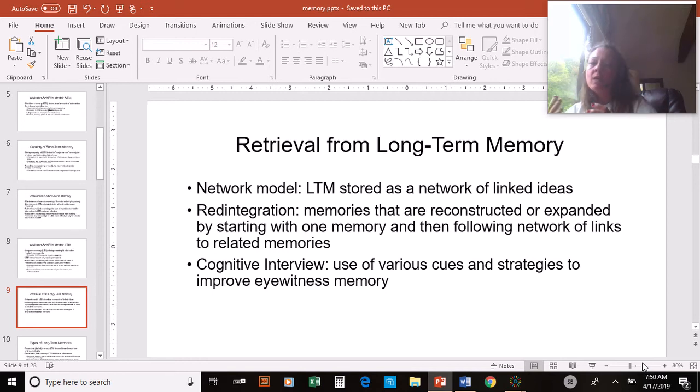Remember, it's going through that neural pathway, a network of neural connections and linked ideas. I think of that kind of like the file tree on your computer. You have the main memory, and then everything else is put into different folders along different pathways.